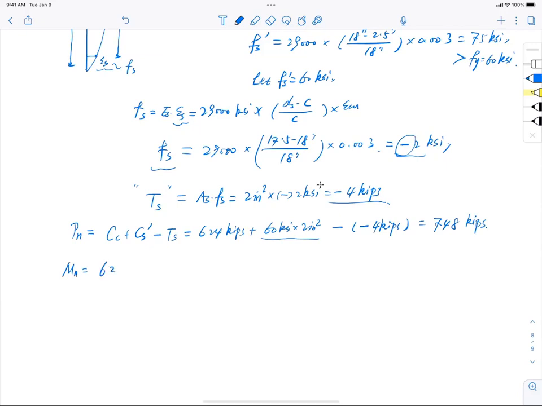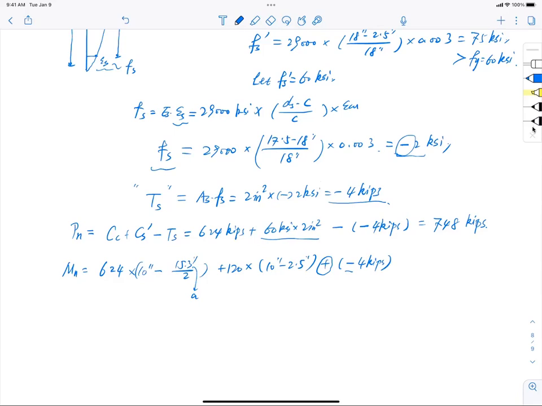Mn equals 624 multiplied by (10 inches minus 15.3 inches divided by 2), and if you care to know, 15.3 is actually A, plus 120 kips multiplied by the distance, which is 10 inches minus 2.5 inches of ds prime, and plus Ts, right here, minus 4 kips. There's a minus in front of it, yep.